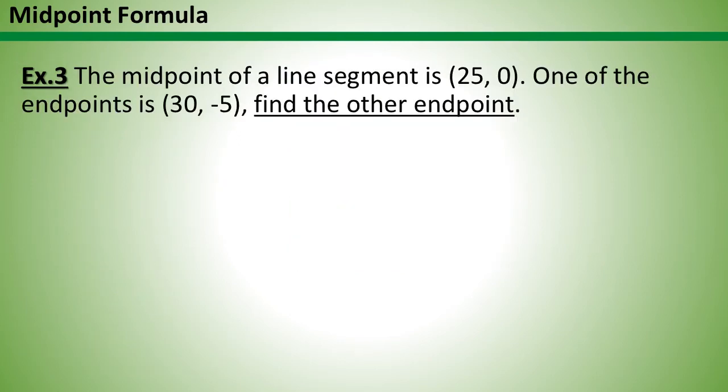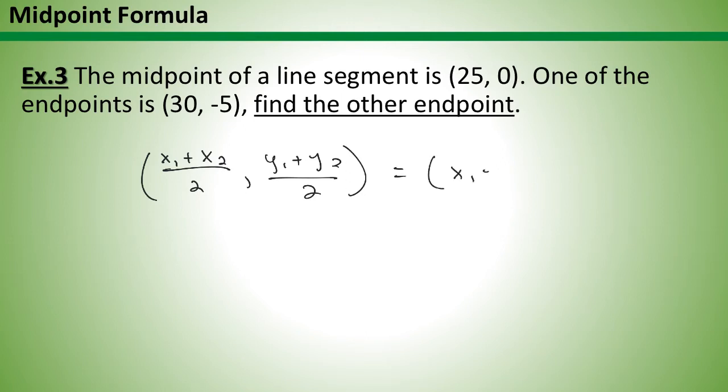Here's another example. This time we're given the midpoint. We're told the midpoint is 25, 0. One of the endpoints is 30, -5. Find the other endpoint. To remember the formula: x1 plus x2 over 2, and then y1 plus y2 over 2, and this equals the midpoint.